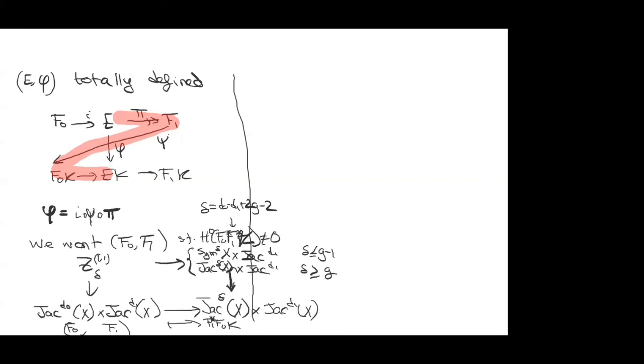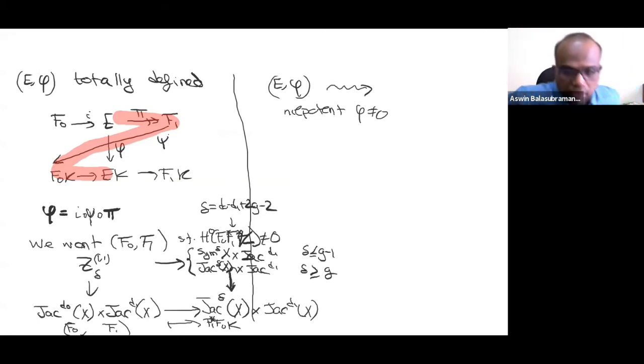Okay. So we have seen that from E phi we produce F0, so a point in Z. What is Z?